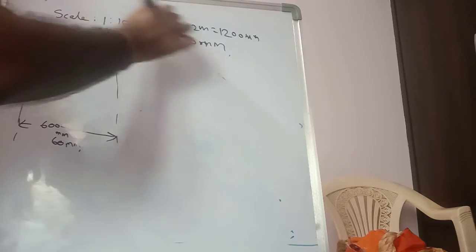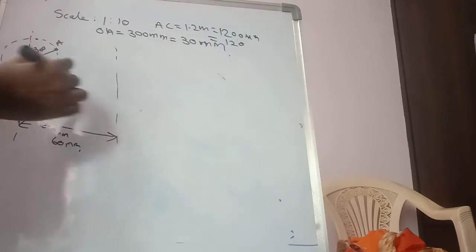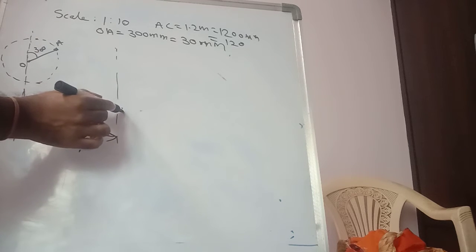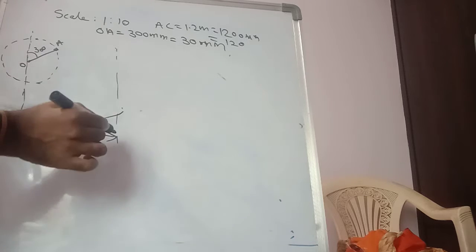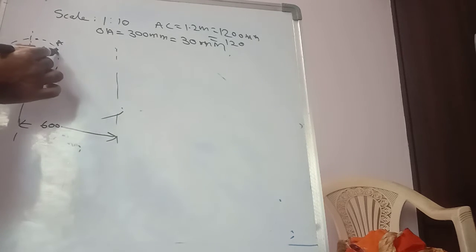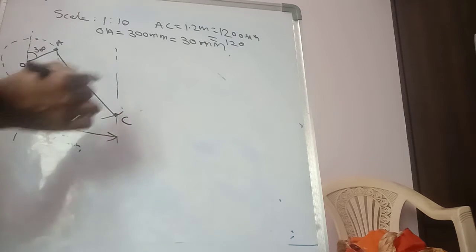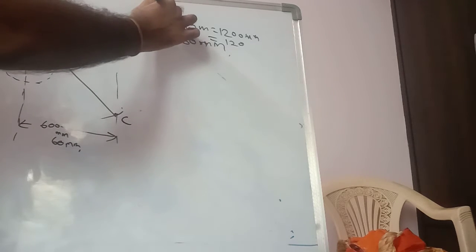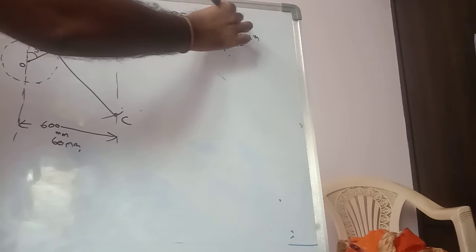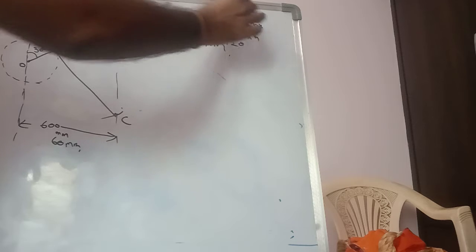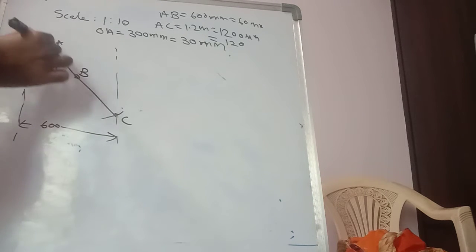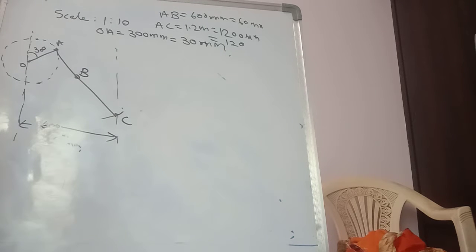By taking the scale 1:10, how much you have to draw? 120 mm. A as center, draw an arc on this vertical line, which is at a distance of 60 mm. Join these two. This is C. Also AB is equal to 600 mm, that is 60 mm as per scale.